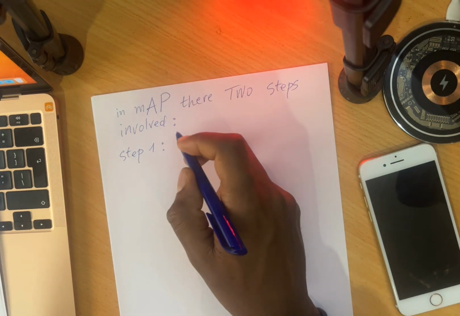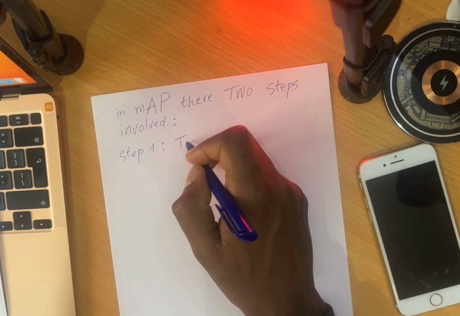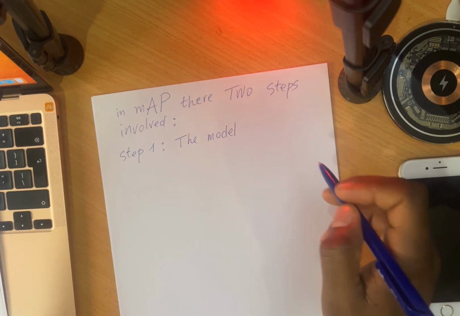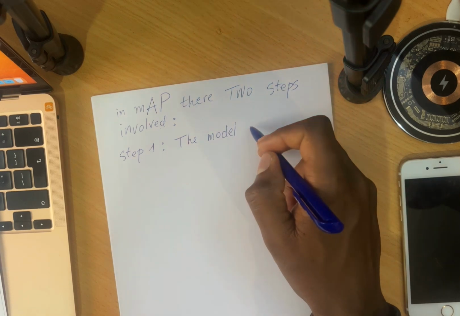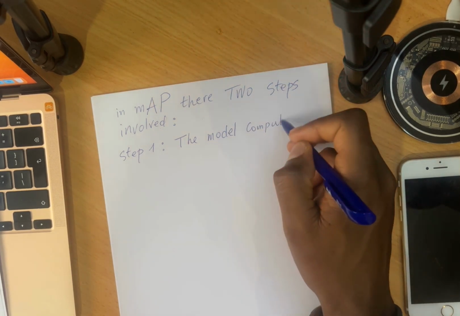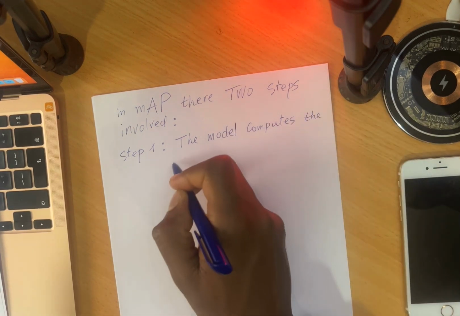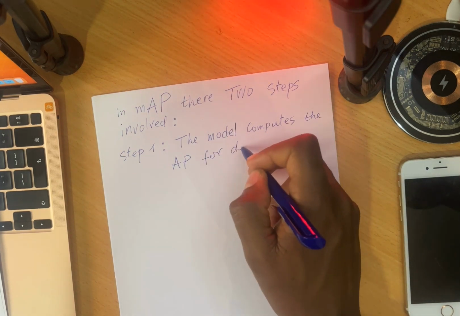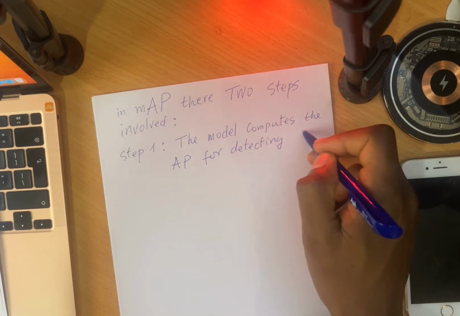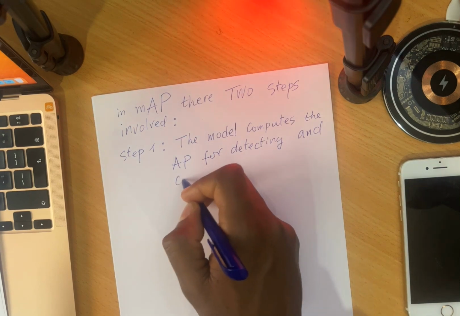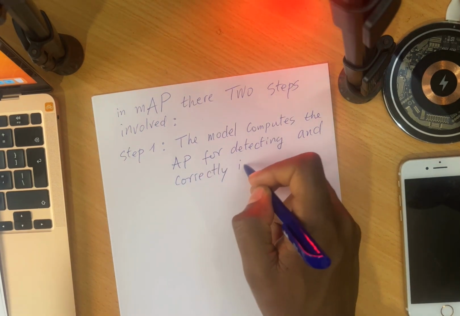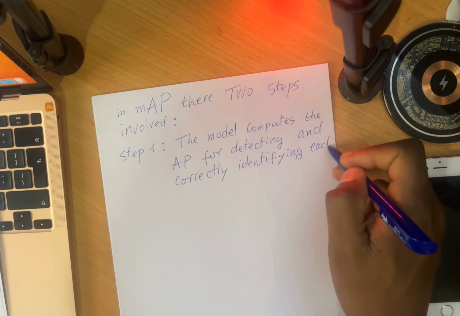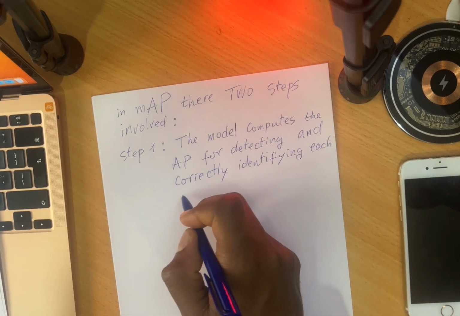The model, in our case YOLO version 5, computes the average precision for detecting and correctly identifying each specific class.